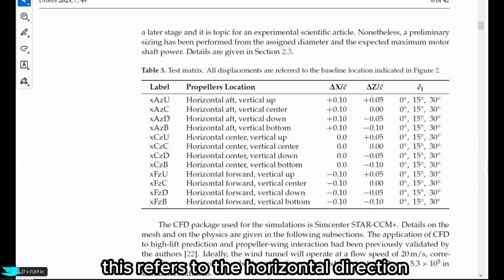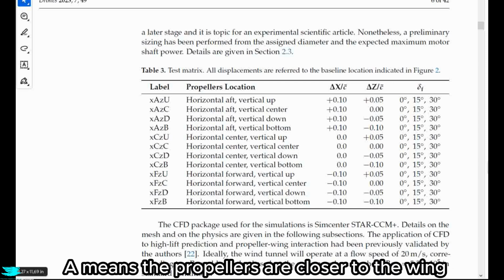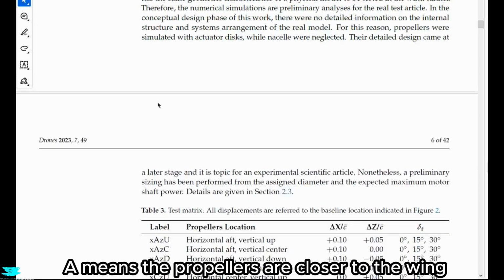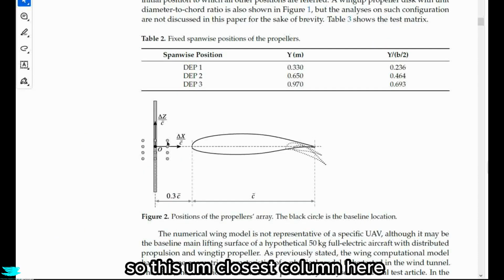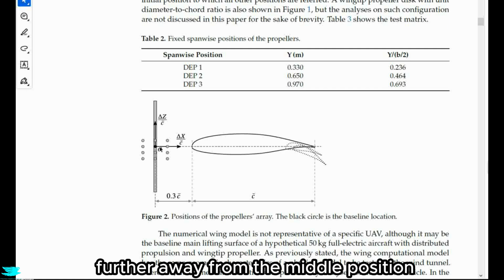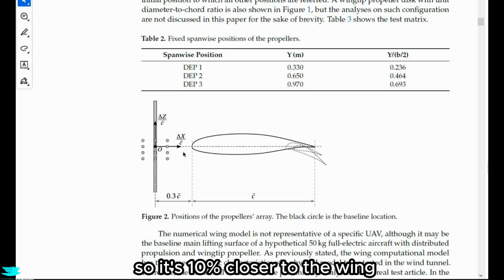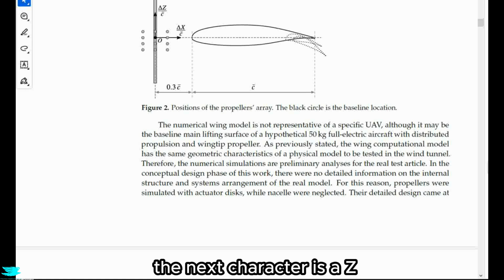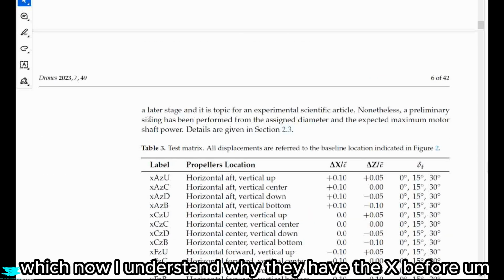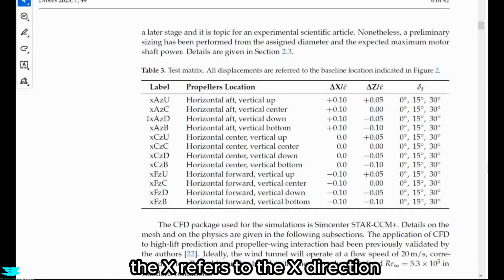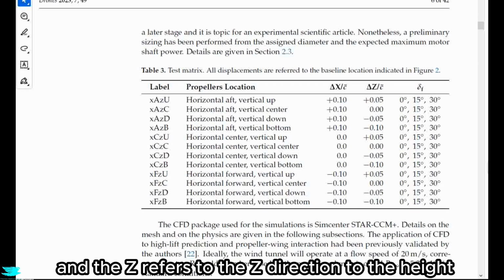This refers to the horizontal direction, so the X-axis. A means the propellers are closer to the wing, so this closest column here. And this is 10% of the chord further away from the middle position, so it's 10% closer to the wing, so 20% of the chord to the wing as we see from this figure. The next character is a Z, which now I understand why they have the X before. The X refers to the X direction and the Z refers to the Z direction, so the height.